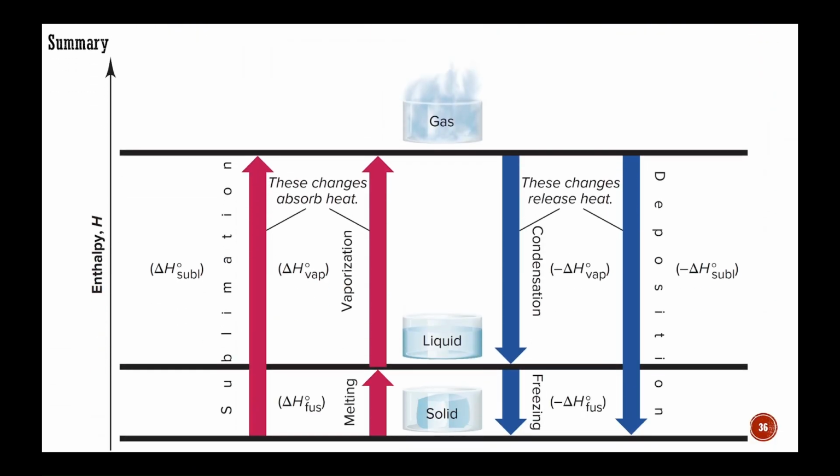To sum it up, in this lecture, you are introduced to the phase changes between solids, liquids, and gases, which include melting or fusion, freezing, vaporization, condensation, sublimation, and deposition.